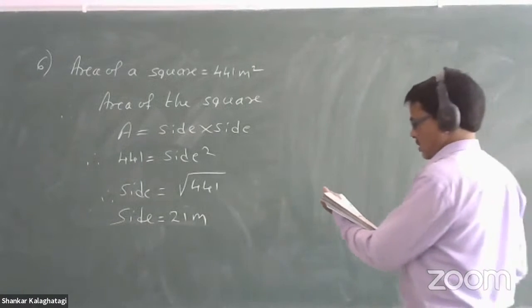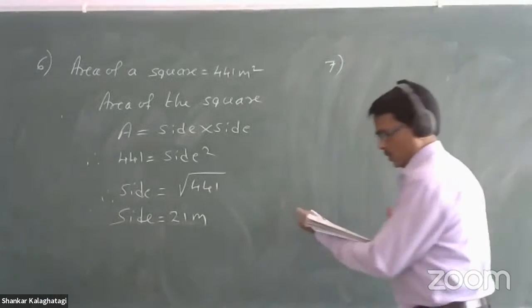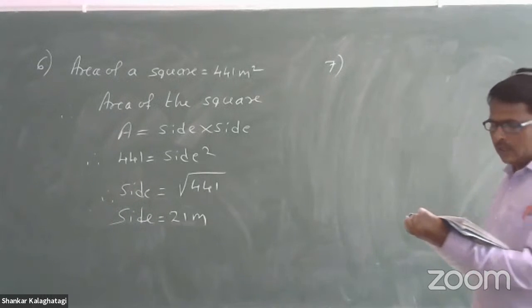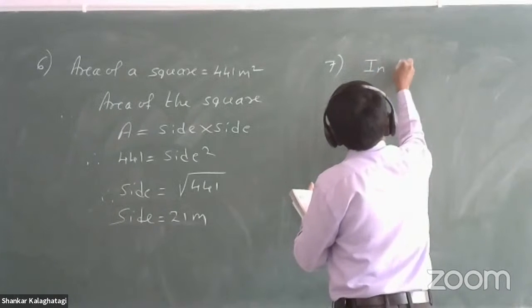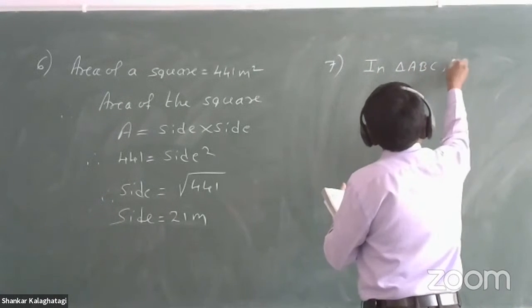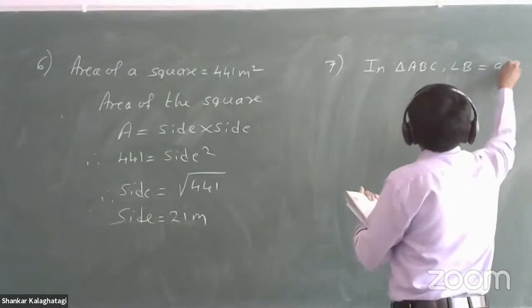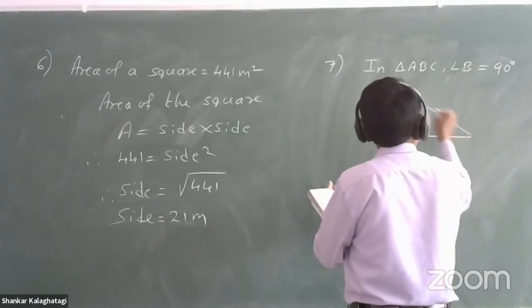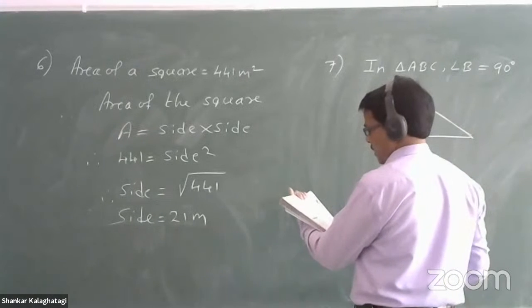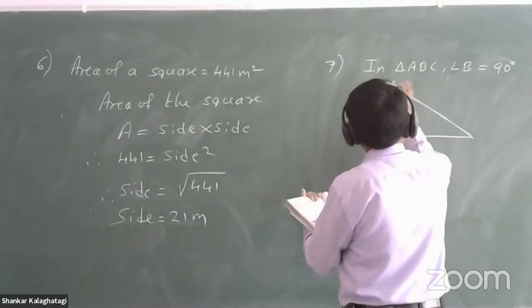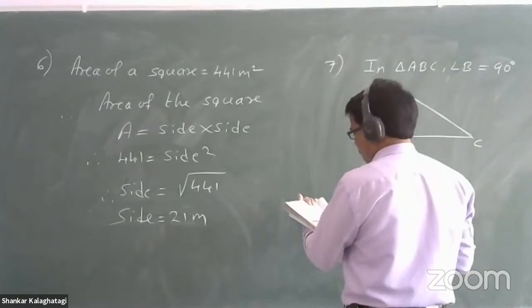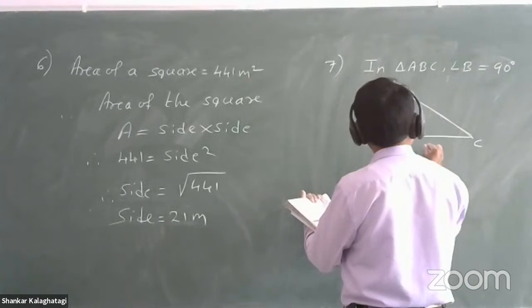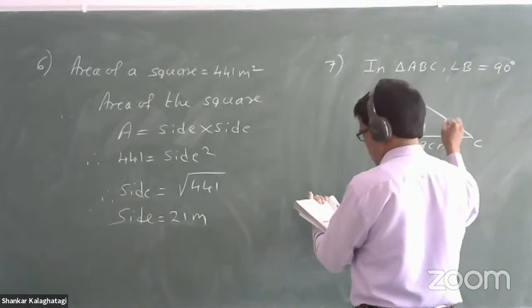Question number 7. In right triangle ABC, angle B is 90 degrees. AB is 6 centimeter, BC is 8 centimeter, and AC, the hypotenuse, is asked.